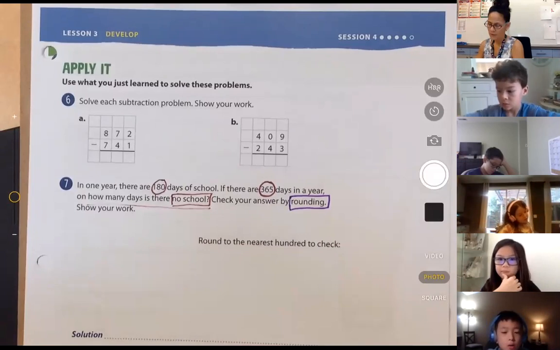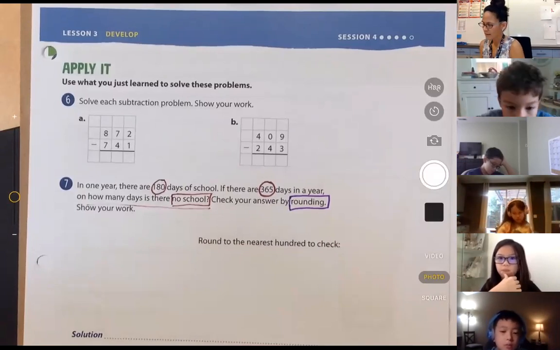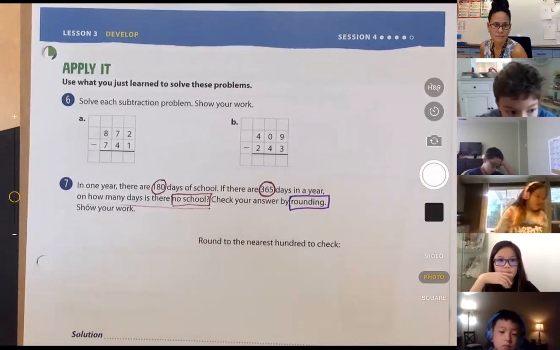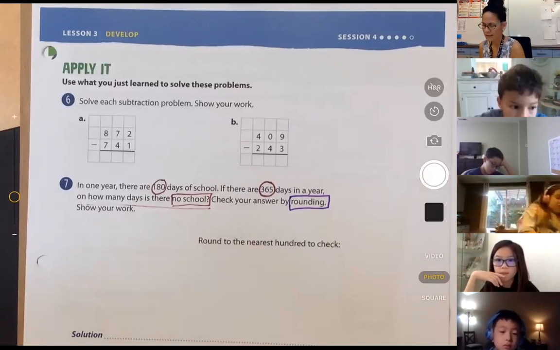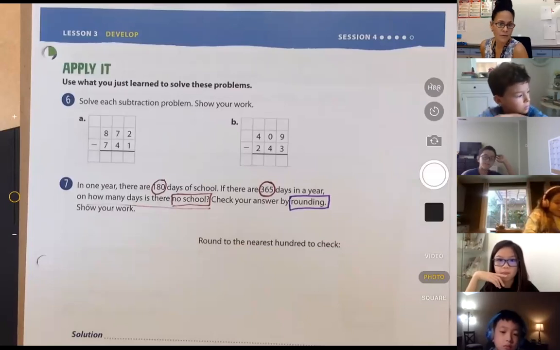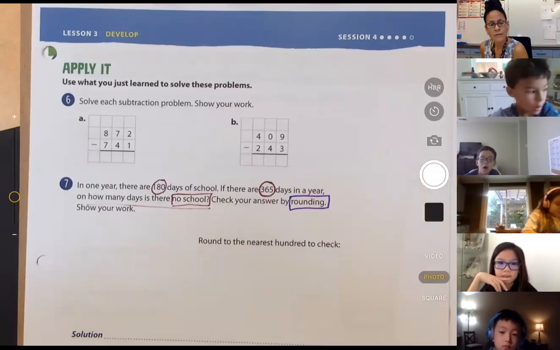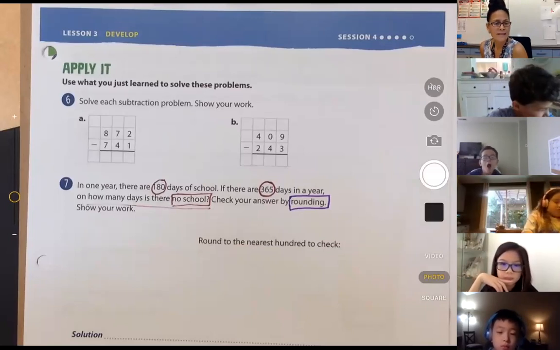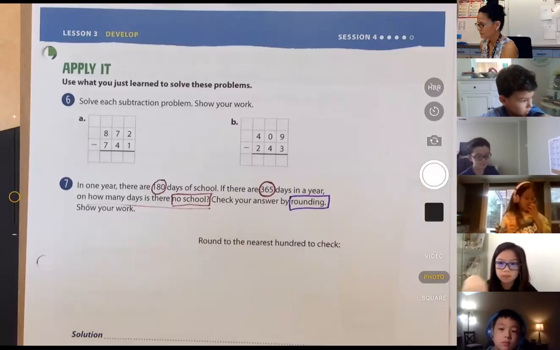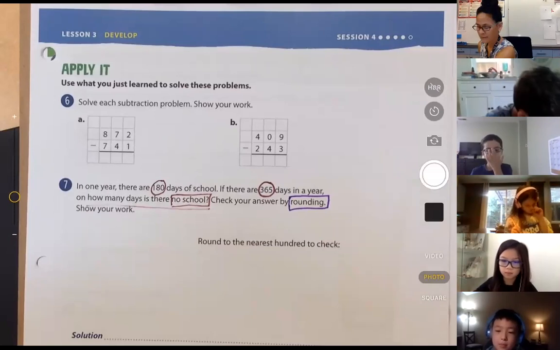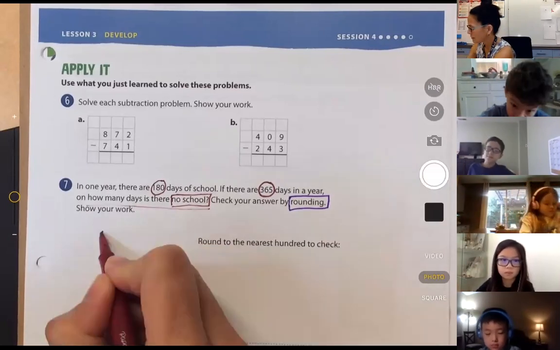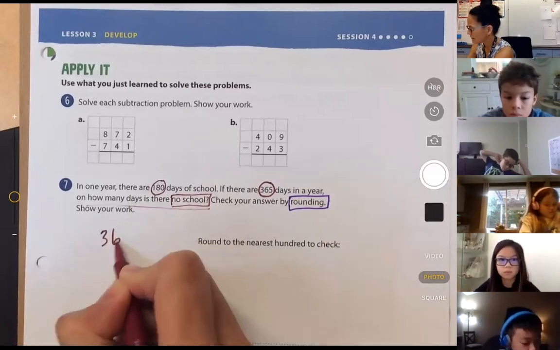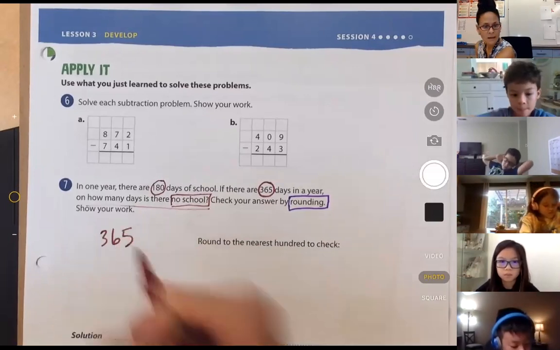So there are a number of ways that we could approach this. If we were to use just the standard algorithm, for example, we could do that unless I specifically asked you to show me something different. So again, to help my brain, I know I am starting with 365 days in a calendar year.